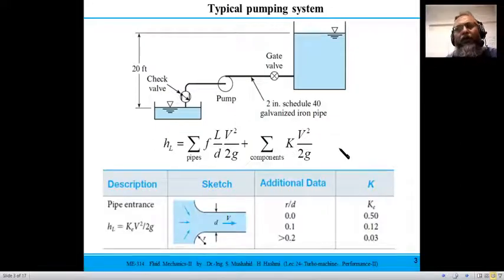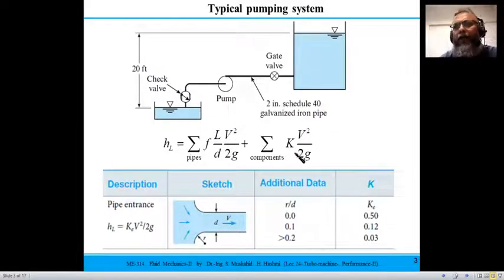So for example, for this geometry, you have a velocity V, the diameter D, and the cross section is this, and this radius is R. Then you can work out the head loss due to that component if there is a pipe and then a reduction takes place. So at different values of R over D, you have different values of this K factor.